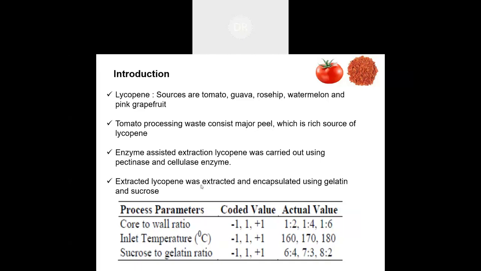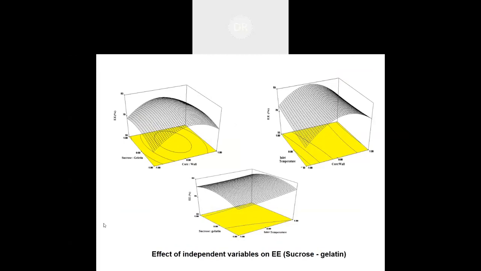The sucrose to gelatin ratio we have also changed: 6 to 4, 7 to 3, and 8 to 4.